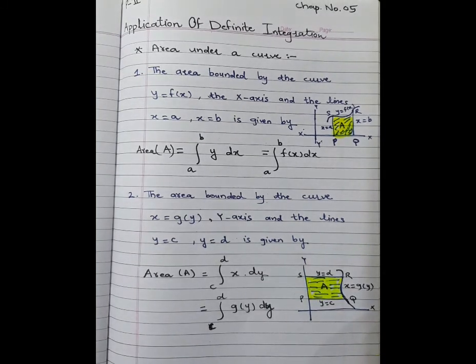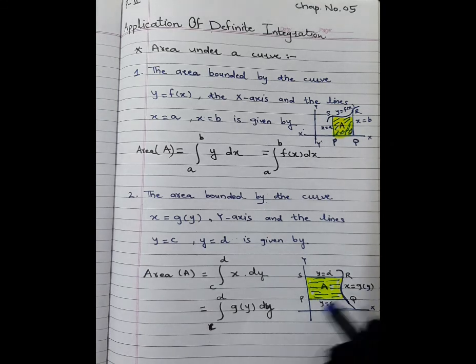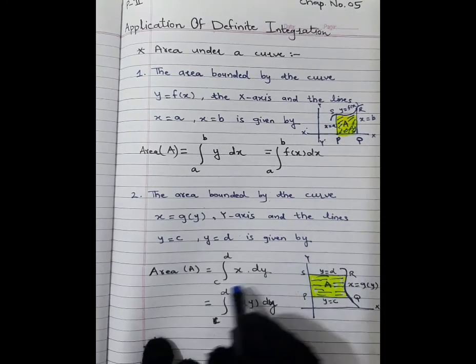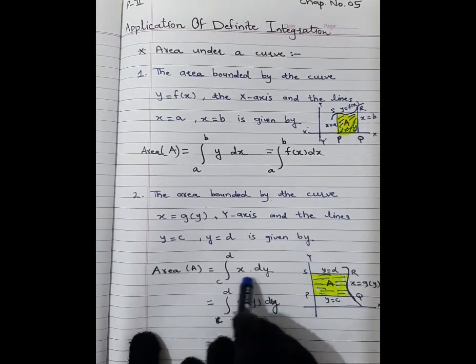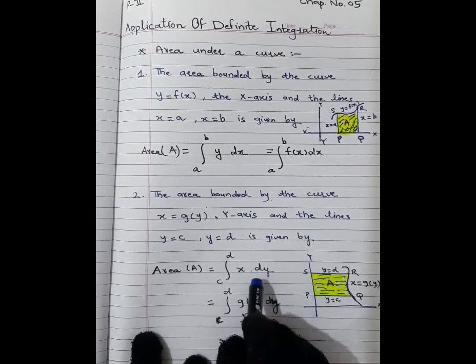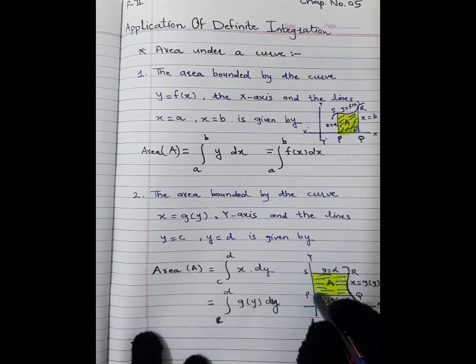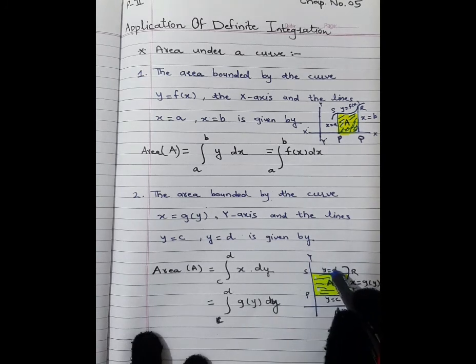So this area is nothing but the integral from c to d of x dy, because here, students, the curve is given as x is equal to g of y. So we'll write integration x dy, and we write dy because the y intercepts are y is equal to c and y is equal to d, meaning the limits are in terms of y.